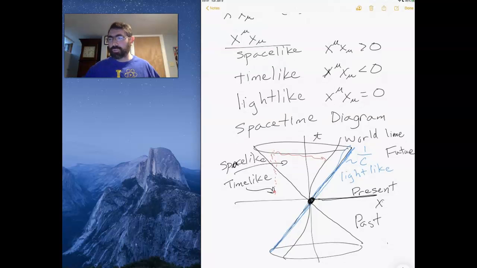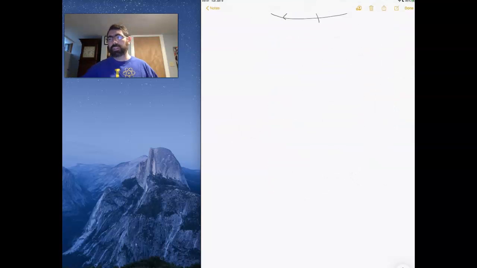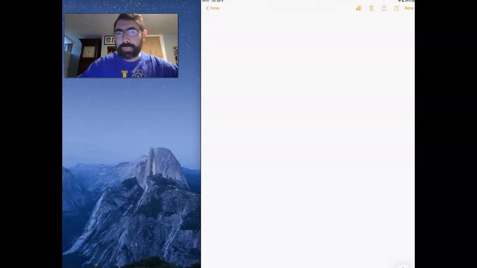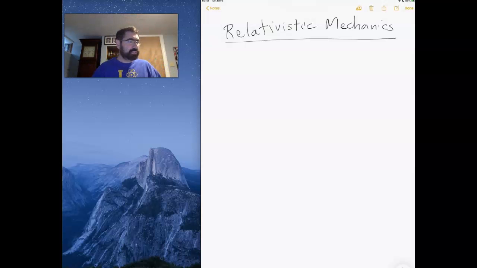So we've pretty much gone over relativistic kinematics. We've looked at time, we've looked at length, we've looked at velocity. Now we'd like to look at some other things in mechanics, like energy. So what I can do is get us started on this, and define something called the proper time.